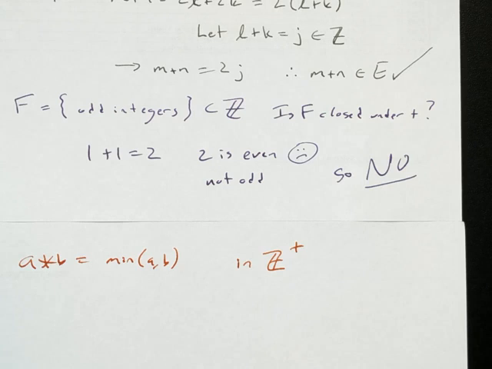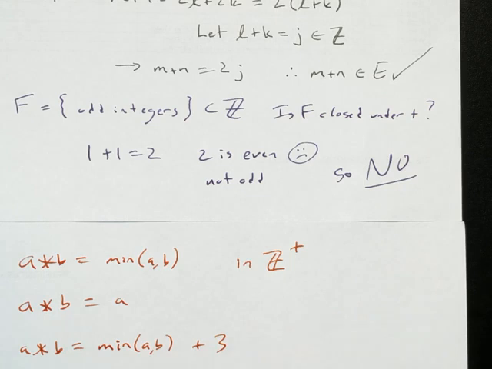I could define an operation that always says, give me the first one. You gave me two things, I picked the first one. I could just as easily define an operation that says, give me the second one. I could even go a little weirder. Let's take that minimum from before and add 3. That works.